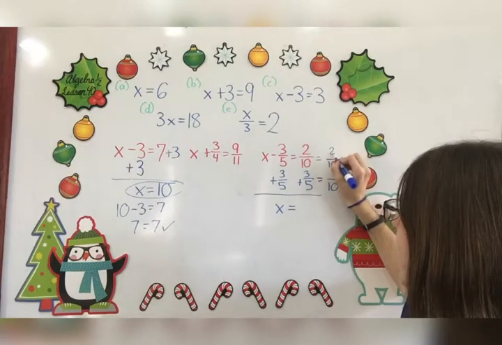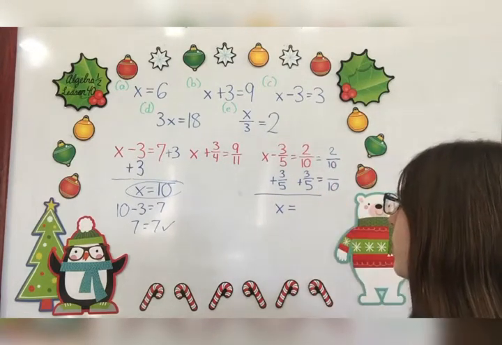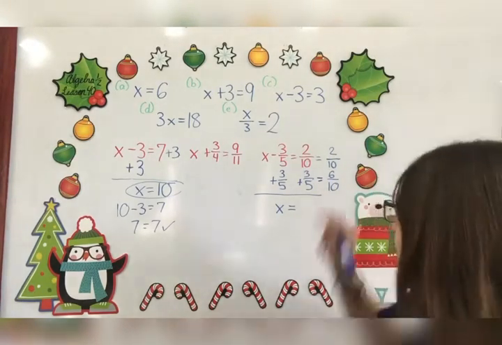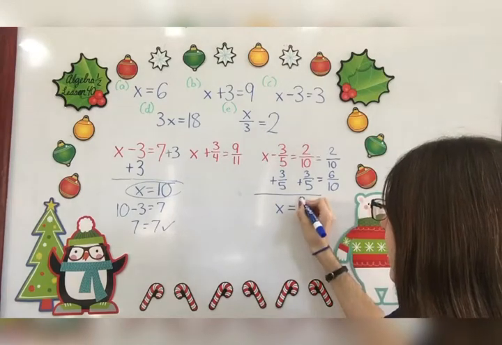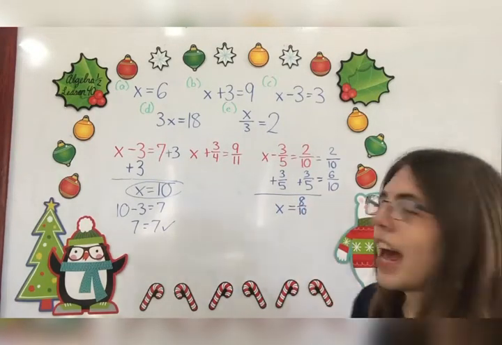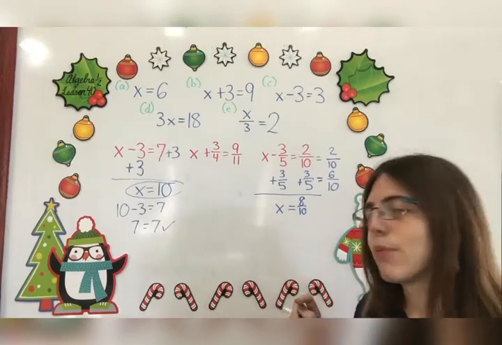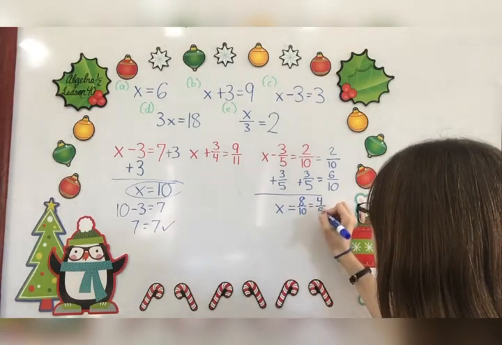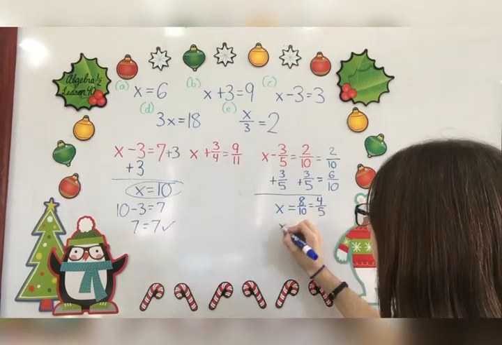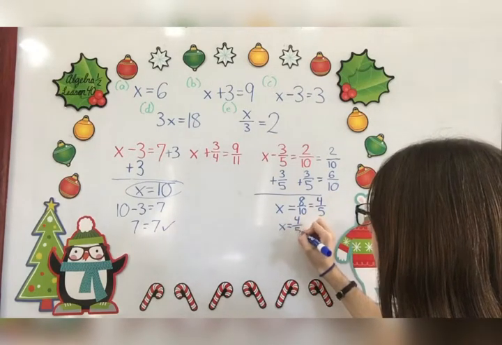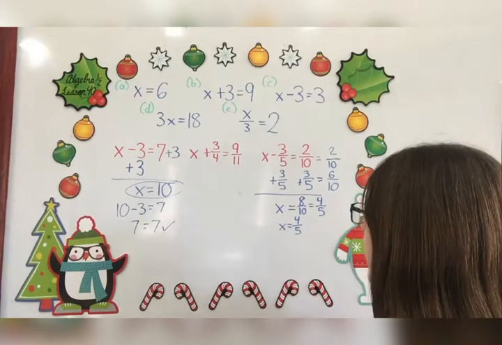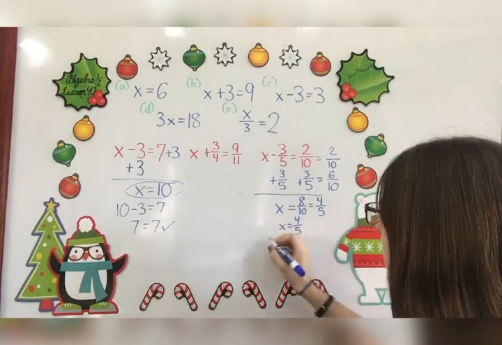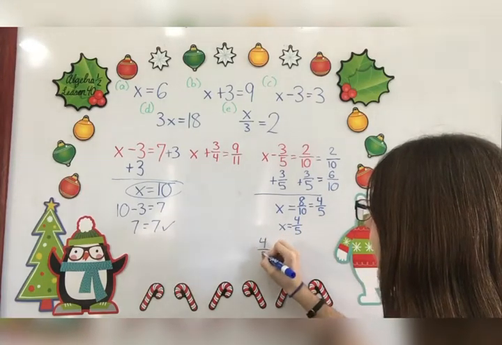This one stays the same. 5 times 2 equals 10, so 3 times 2 equals 6. Now I need to add that together. 2 plus 6 is 8, so it's 8/10. I can't leave it like that because 8/10 can be reduced. 8 divided by 2 is 4, 10 divided by 2 is 5. So x equals 4/5. All I need to do now is put 4/5 in place of x.